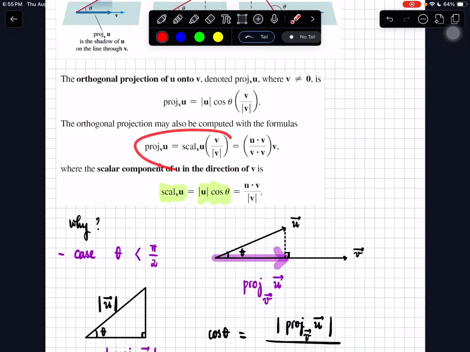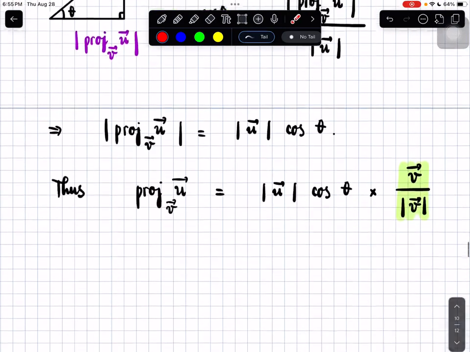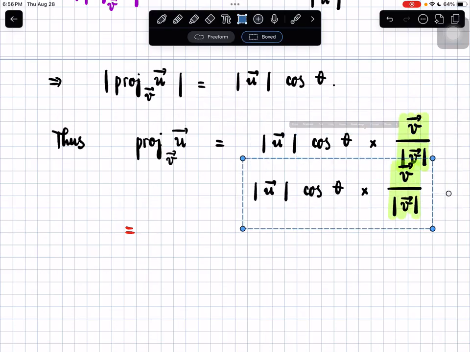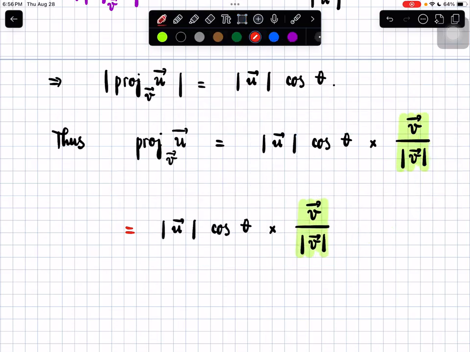So we have the first part of the projection formula we just showed here. What about the second equality? So now let's do it this way. We have here the length of u times cosine of the angle theta. Now I can take it a bit further. So this is equal to, I copy everything the same here, and I multiply by the length of v divided by the length of v.